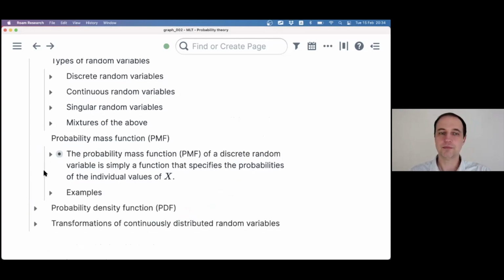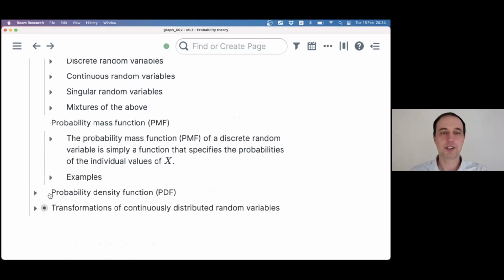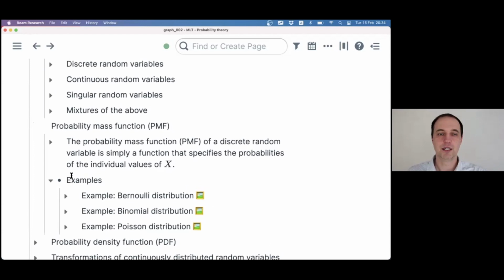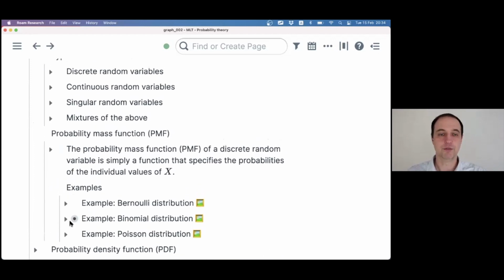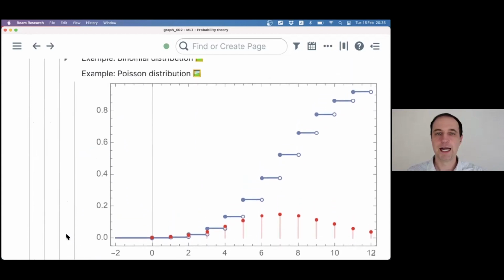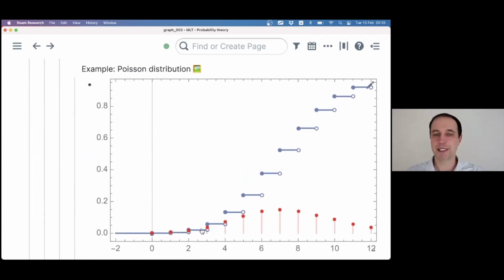Then, as for discrete distributions, you can have the probability mass function, and the probability mass function simply gives you the probabilities of these individual values of the random variable. So for example, if you have the Poisson distribution, the probability mass function would be indicated here using the red dots.